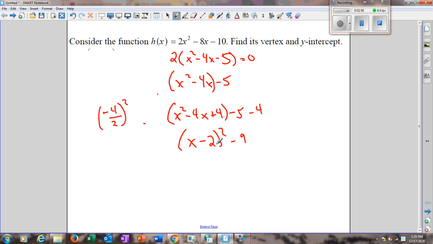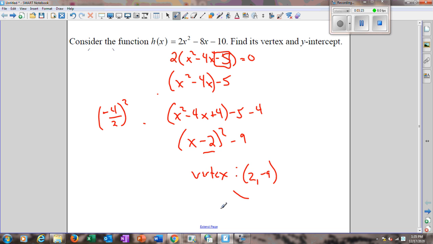So now to find the vertex, it's just the opposite of this sign for the x. It's going to be a positive 2 and a negative 9. So my vertex is 2, negative 9. And then to find my y-intercept, it's just whatever this number was after I factored the 2 out.